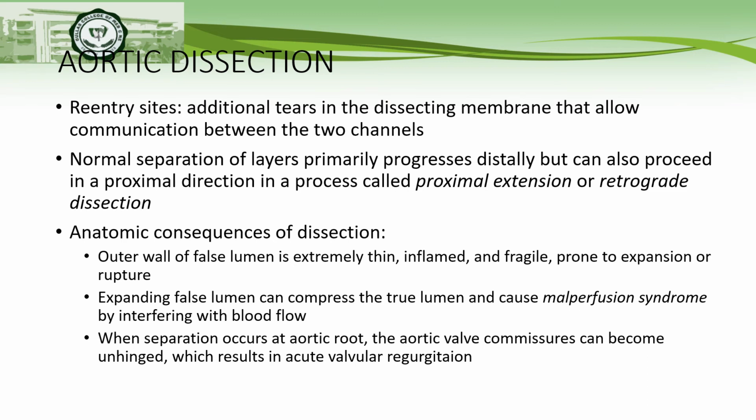So the other parts of the body are not perfused with enough blood anymore because the true lumen is compressed. And number 3, when separation occurs at the aortic root, the aortic valve commissures can become unhinged, which results in acute valvular regurgitation.